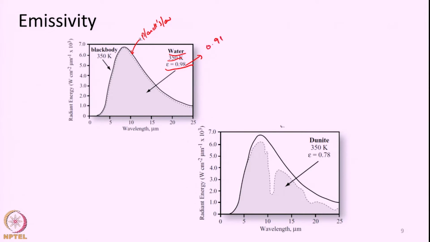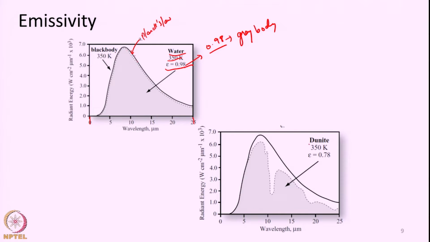As I told you, at the wavelengths that we are discussing, in the infrared range, we can assume water to be a grey body, and hence the emissivity can be treated as more or less constant. So, the radiation from a water body will be 98% of what is given by Planck's equation.